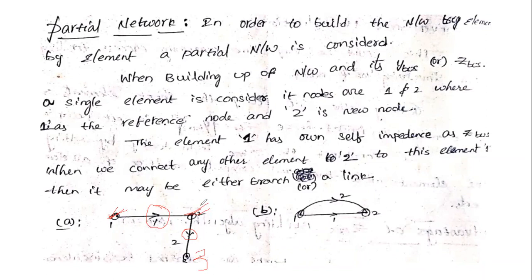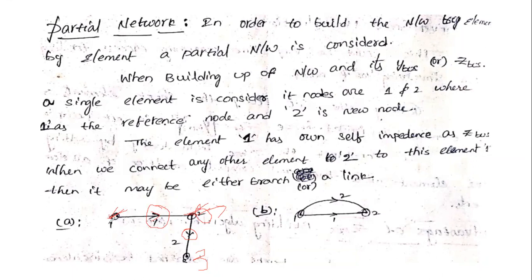In this case, the second node is taken as the old bus, since it is already present for adding this element. Understand? And the third bus is considered the new bus. When we connect element 1, it is added between node 1 and node 2.